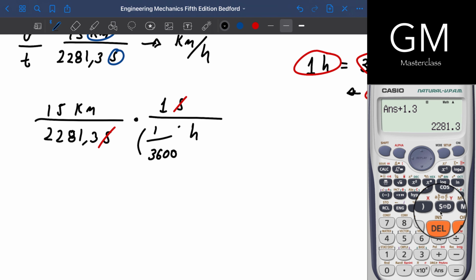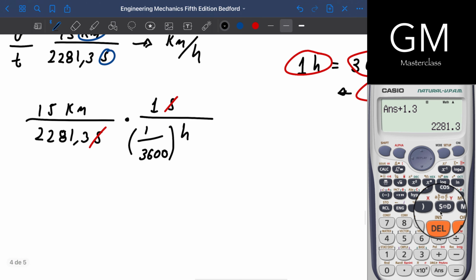And that is going to give me the result.